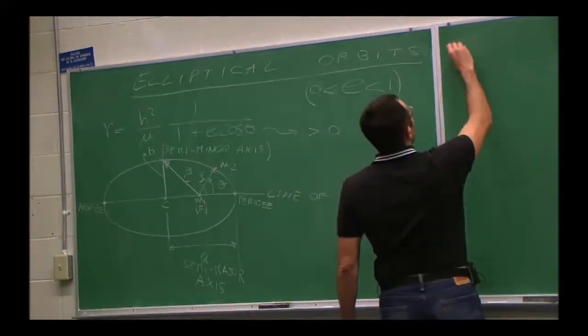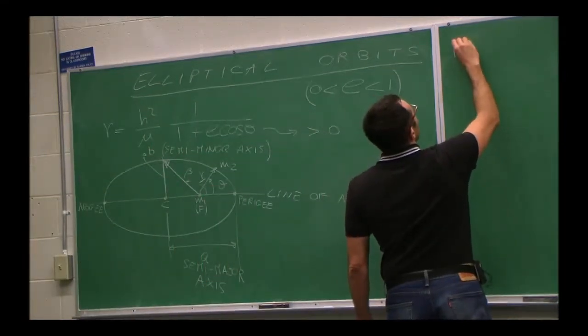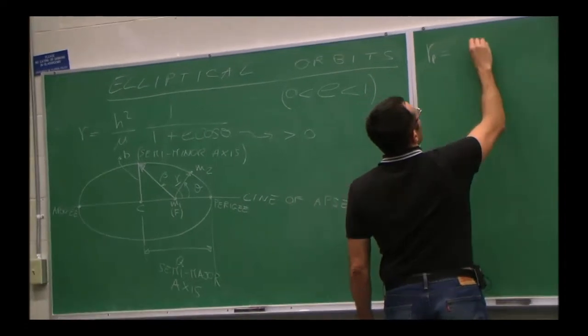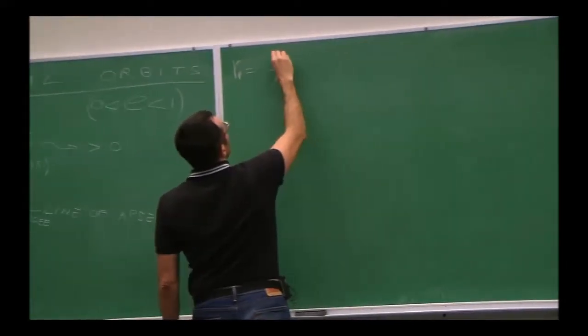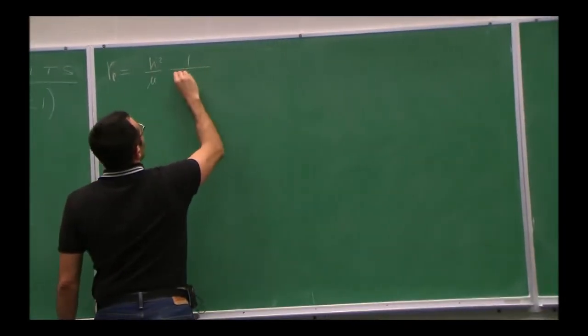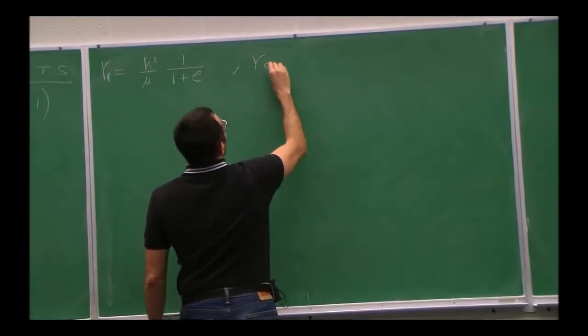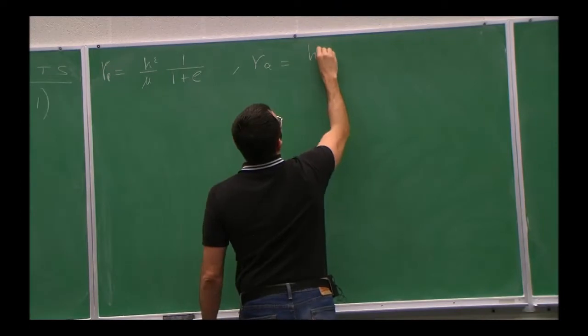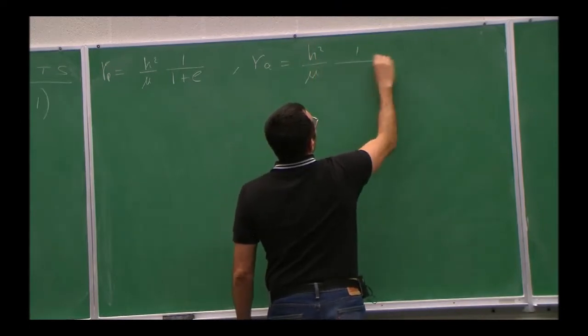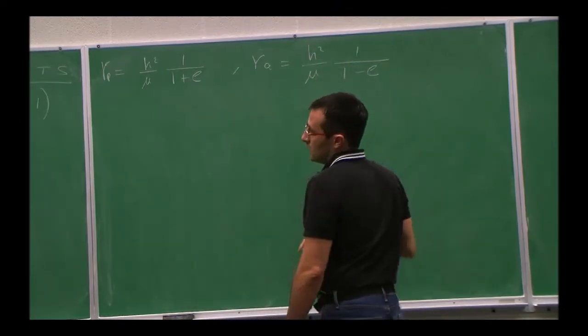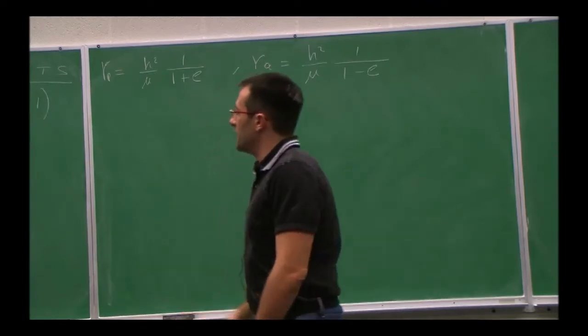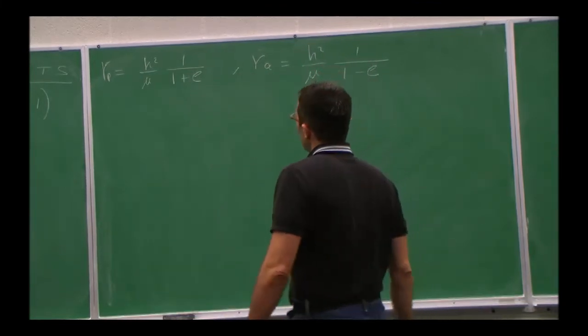Well, we know that the radius at perigee is when theta is 0, so that is h squared over mu, 1 over 1 plus e. The radius at apogee is going to be h squared over mu, 1 over 1 minus e. It's that point down there where theta is pi.